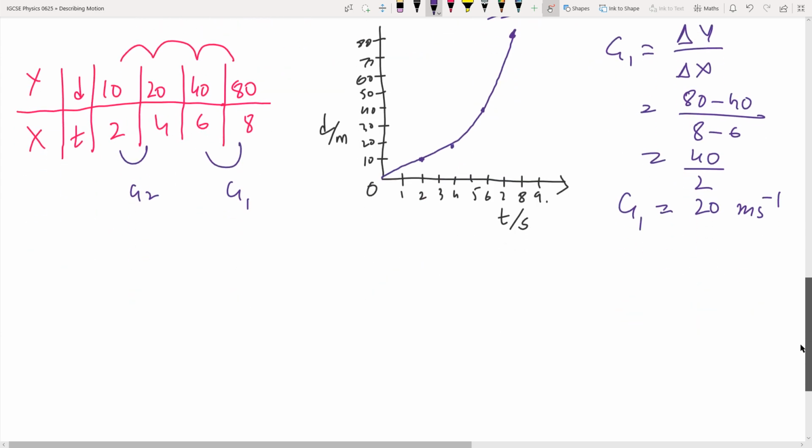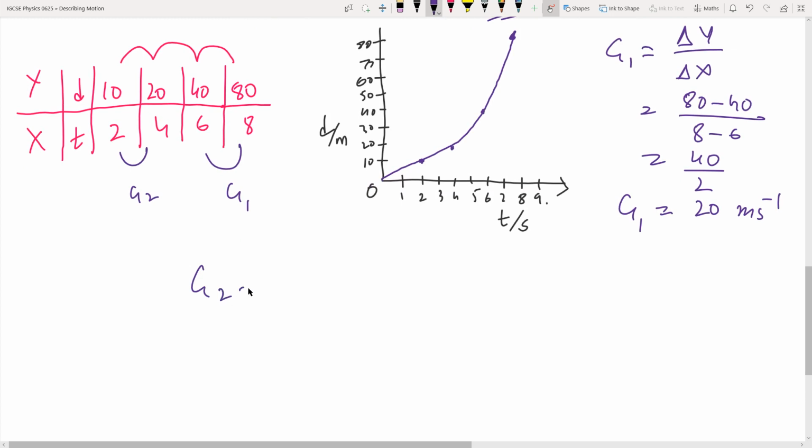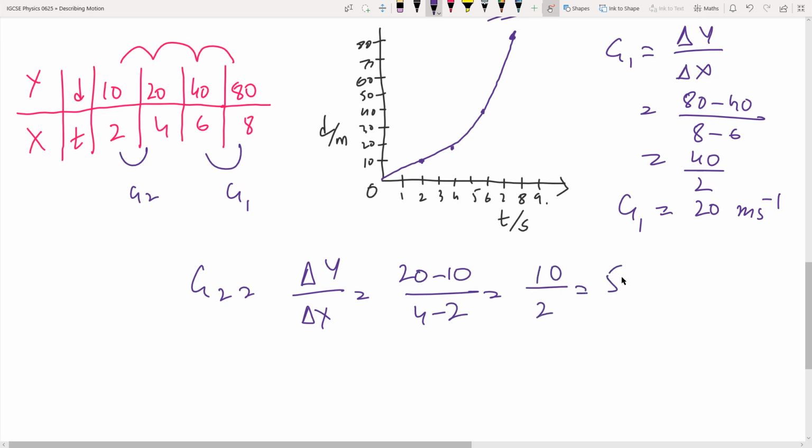Now let's calculate G2. G2 is again delta y over delta x, which is 20 minus 10 divided by 4 minus 2. That is 10 divided by 2, which is 5 meters per second. Let's also take another, G3.